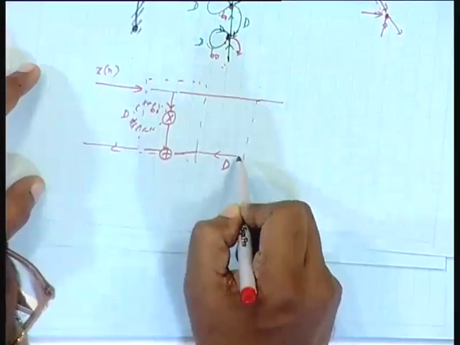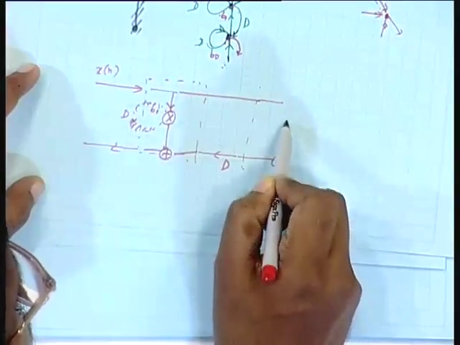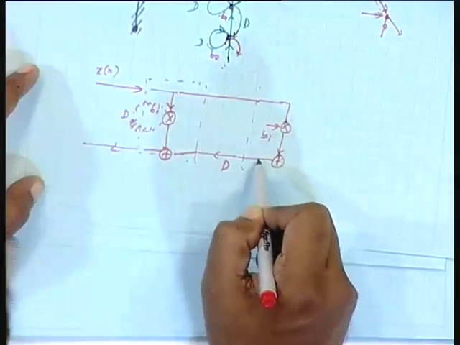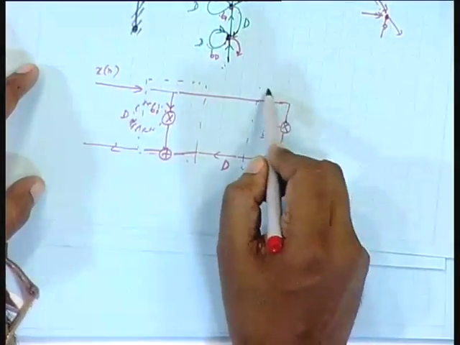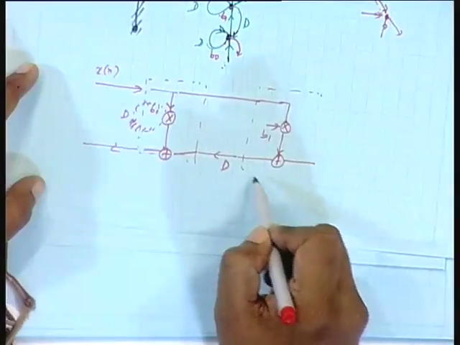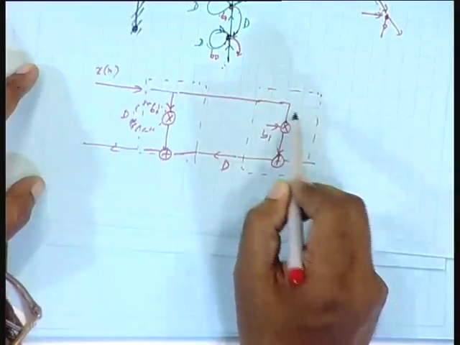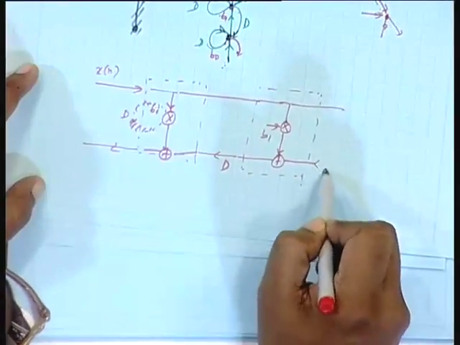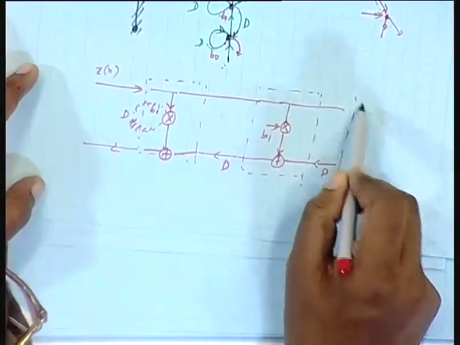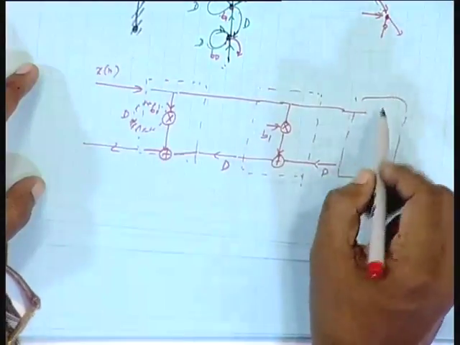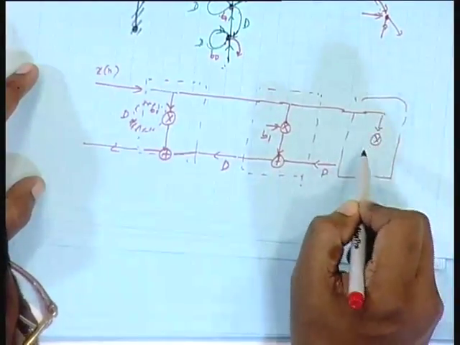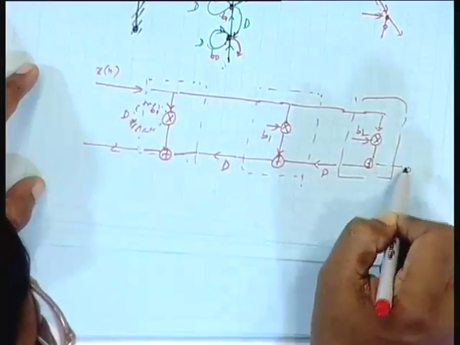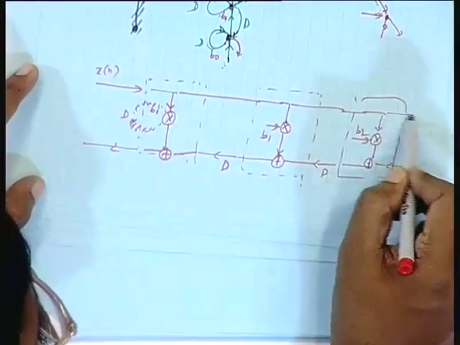Next one. Here if something comes, otherwise 0 initial condition, as in the DG.